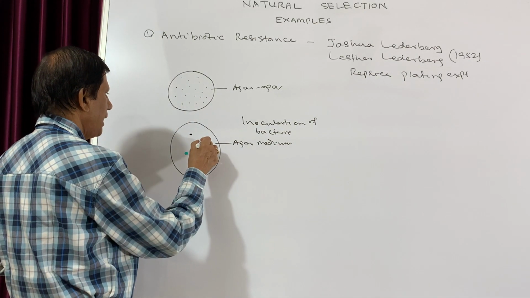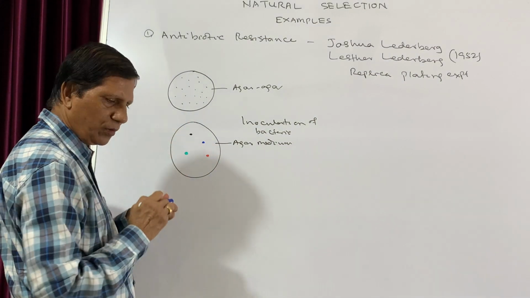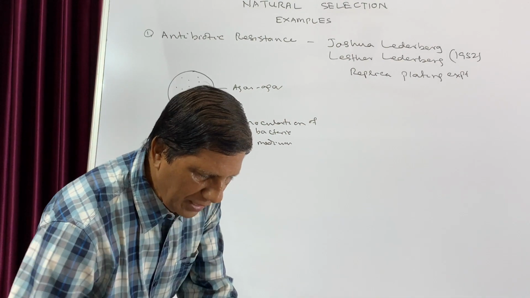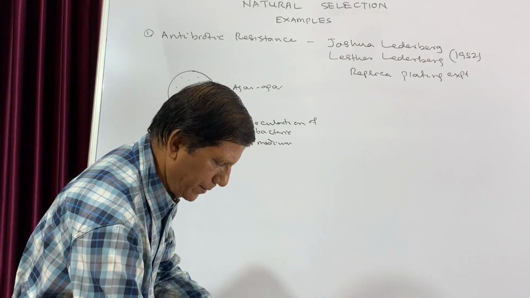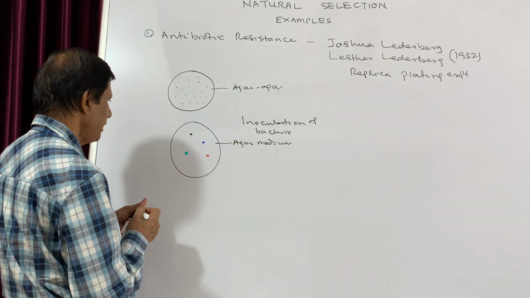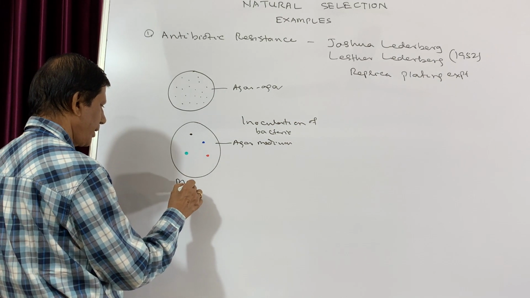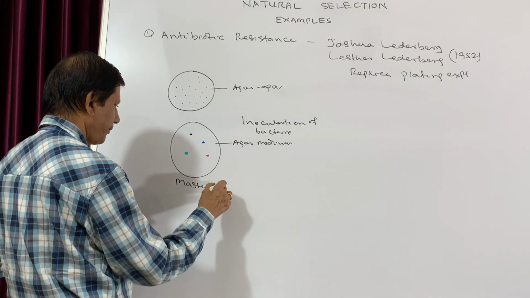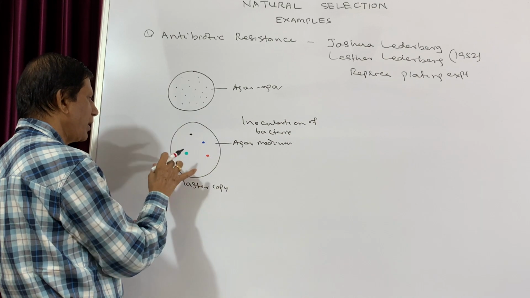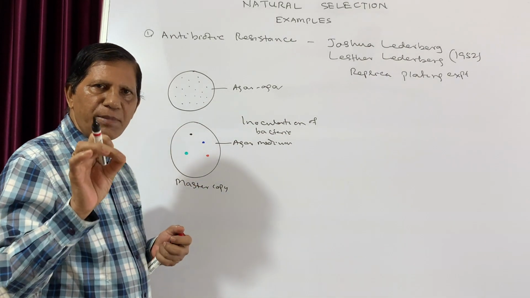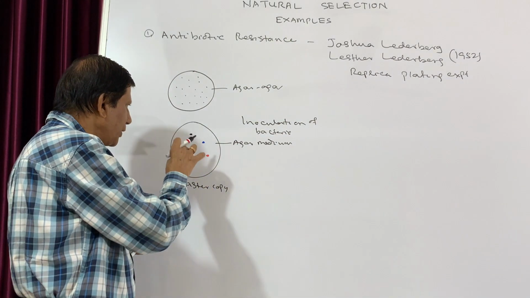See, at different points they are grown. Now this is known as the master copy, where at four different places the bacteria have been inoculated.